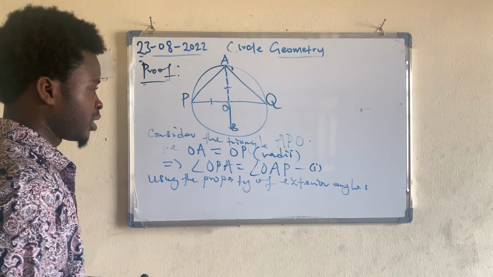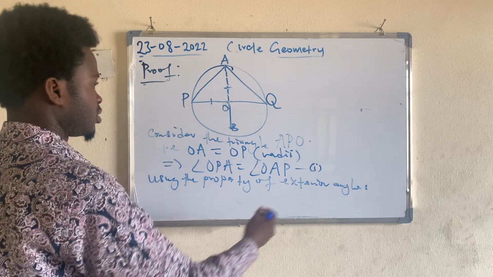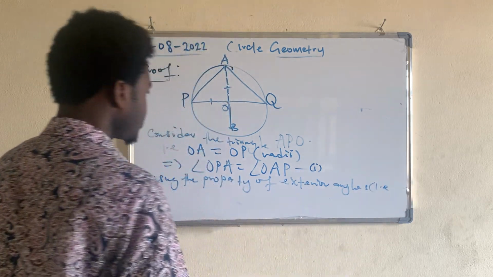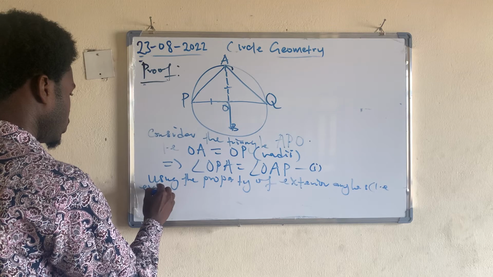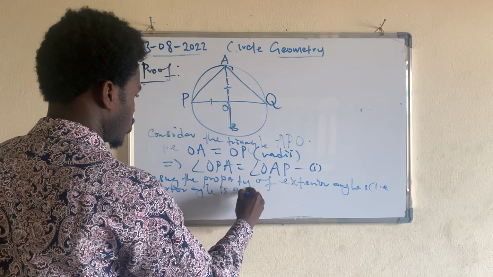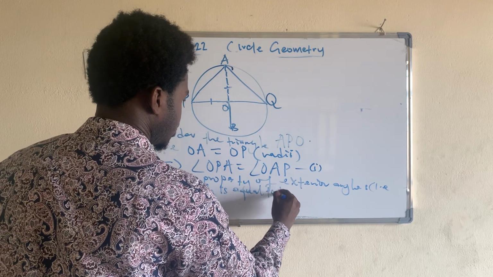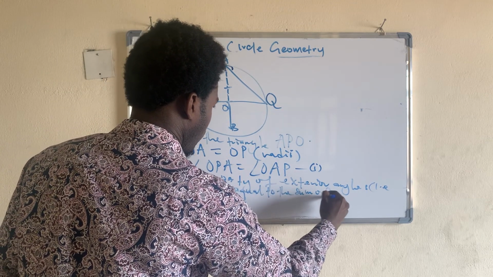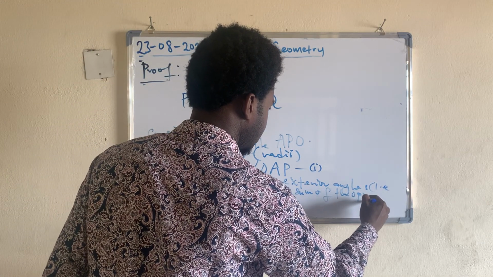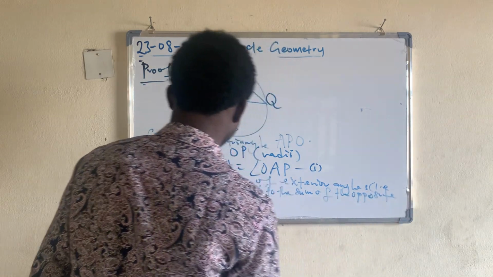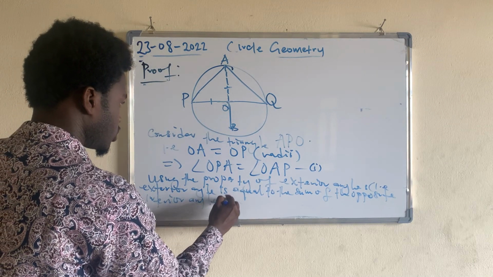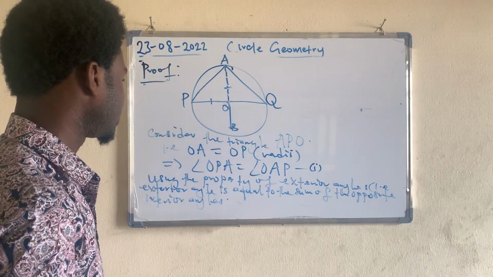So using the property of exterior angles, what it means is the exterior angle is equal to the sum of the opposite interior angles.